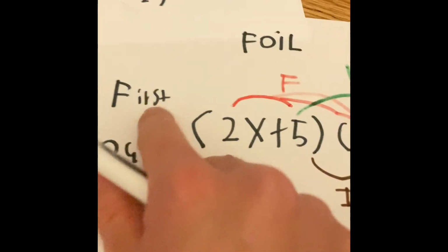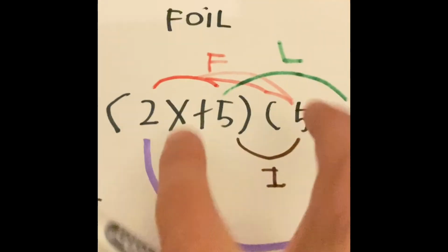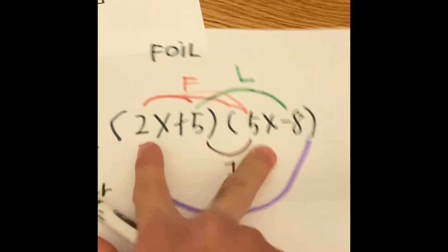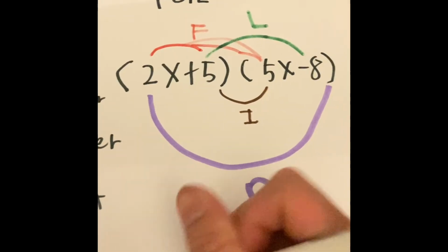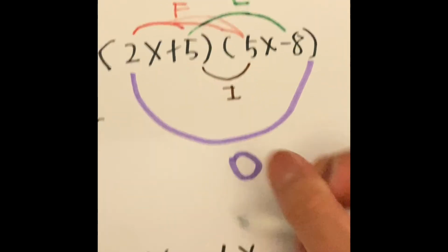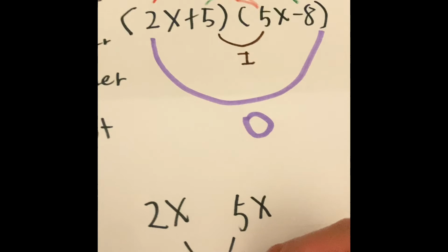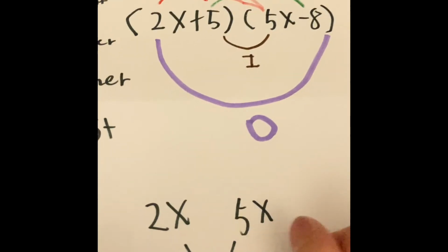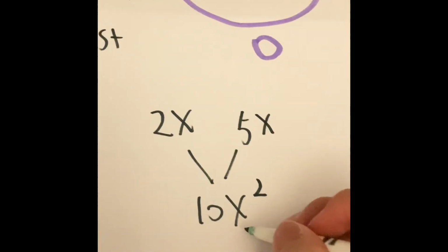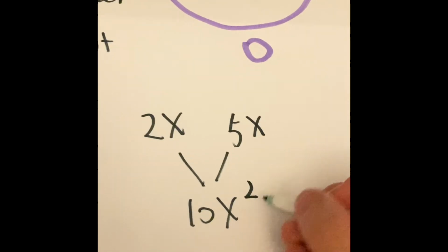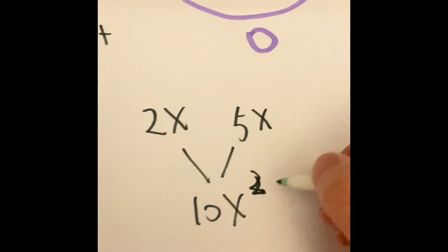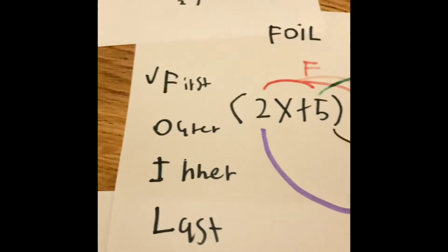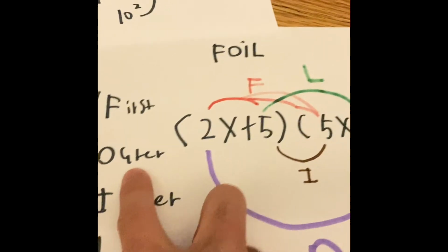So let's start multiplying. First, we have to do the first two terms of the parentheses. We have 2x and 5x. Multiply them together to make 10x squared. Remember, multiplying a variable by itself will result in an exponent. So 10x squared. Check. We did our first. Now the outer terms.